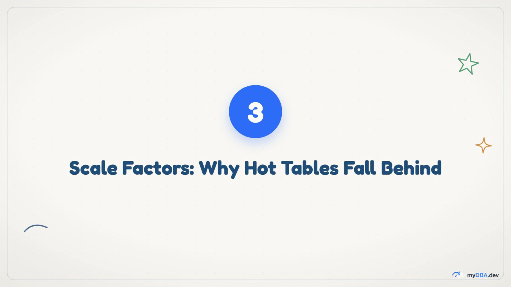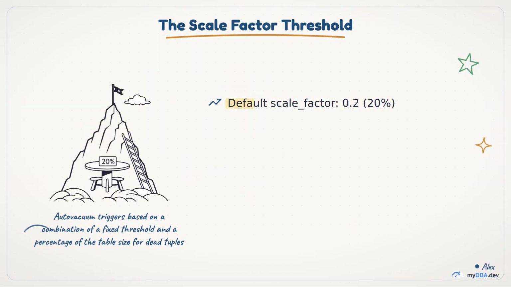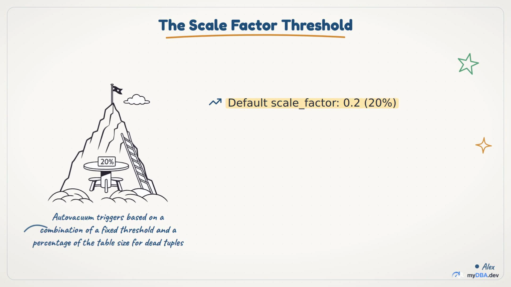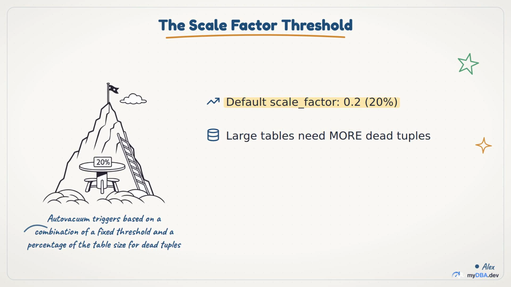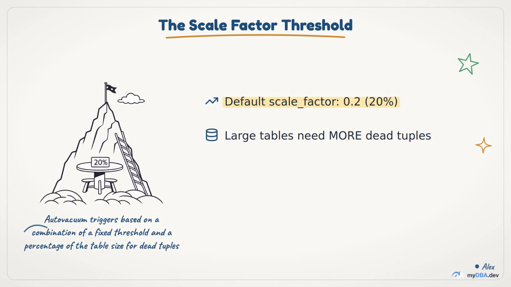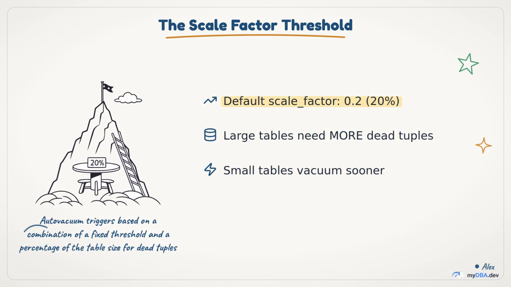This is why Autovacuum may not keep up with very active tables if not properly tuned. Autovacuum triggers based on a combination of a fixed threshold and a percentage of the table size. The threshold is autovacuum_vacuum_threshold, default 50, plus autovacuum_vacuum_scale_factor times the table's total tuple count.